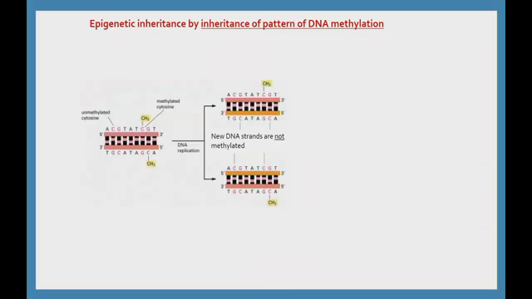Then the inheritance of the pattern of DNA methylation. We know that cytosine is methylated, but once you replicate the DNA, the new DNA strand is not methylated. So how do you get that strand methylated?